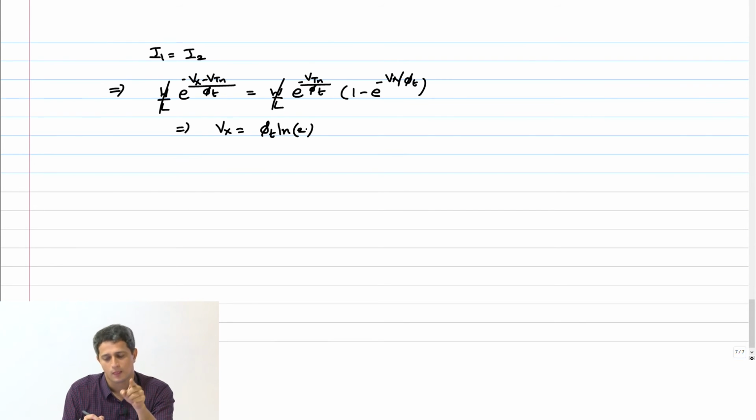Now tell me what will happen to the leakage current I1 or I2 if I substitute this value in. What is I1?